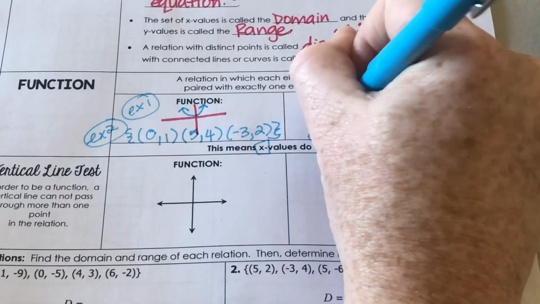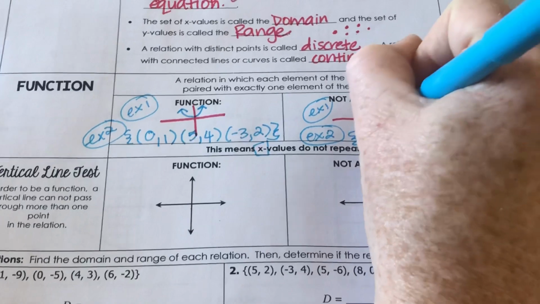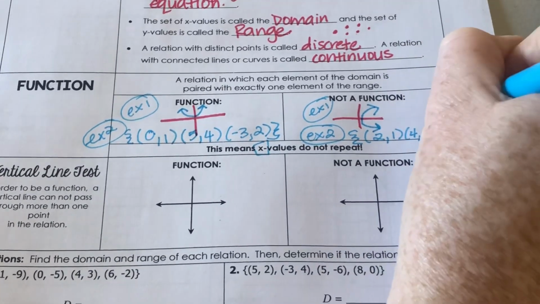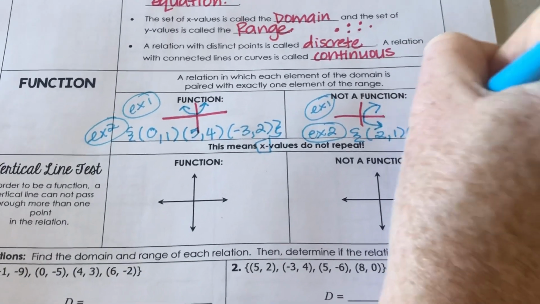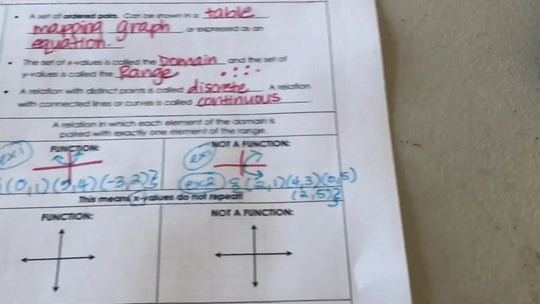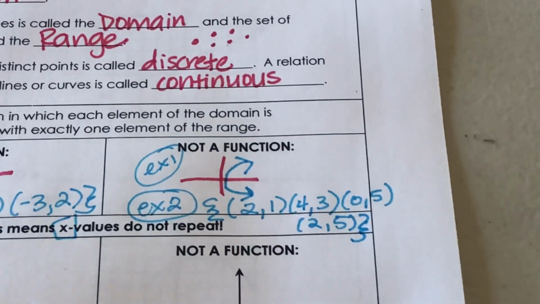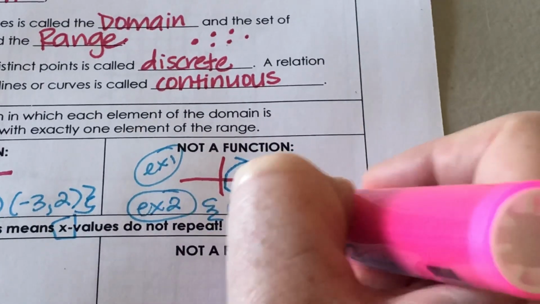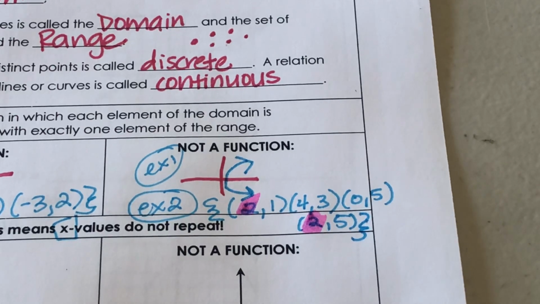Let's do an example with points. Okay, so the set of points with 2, 1, 4, 3, 0, 5, and 2, 5. Okay, so if you look at that example, we have 2 2's repeating for the x value. That means it's not a function, okay?